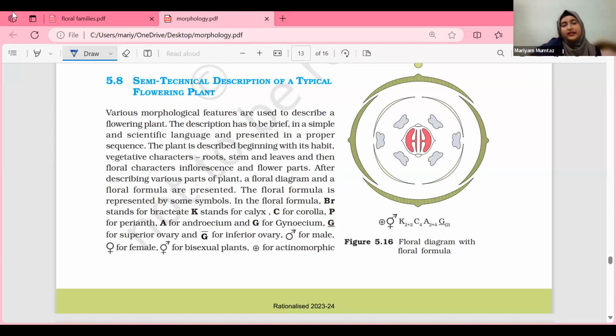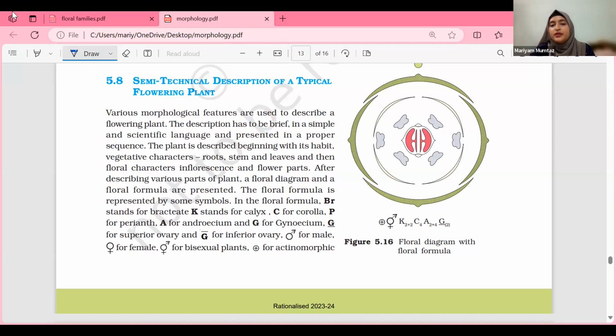All those things we'll take into consideration. Why? Anything that is morphologically visible to us, which we can see with our normal eyes. Whether it is the position of androecium, gynoecium, the number of petals, the position of the petals, the estivation, everything, those are morphological features.